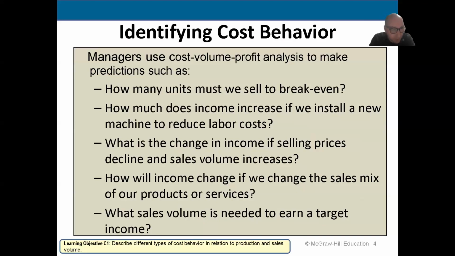Or how will my income change if we change the sales mix of our products and services? What if I sell a variety of products or services? And what happens to sales volume that we need to earn a target profit or target income? These are the kinds of things we're going to talk about.